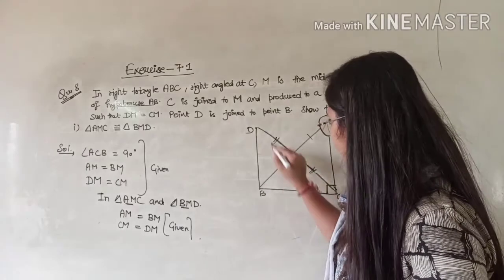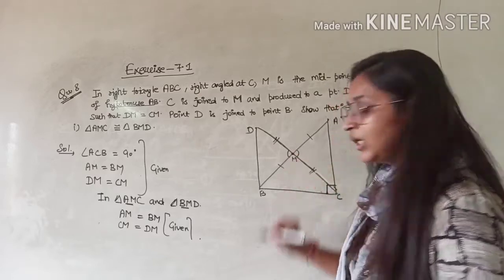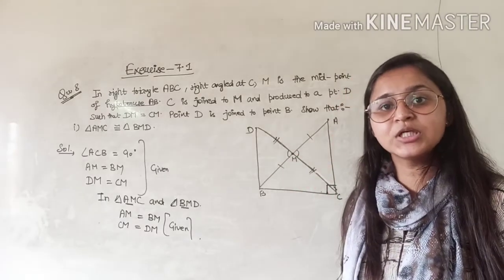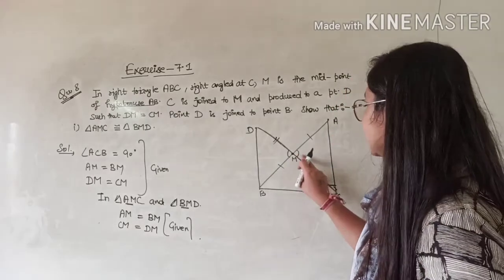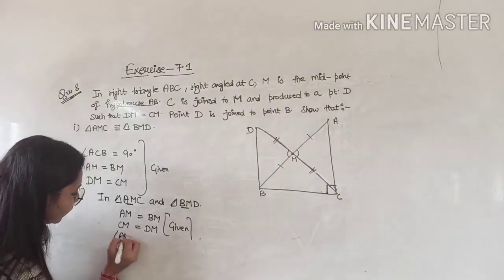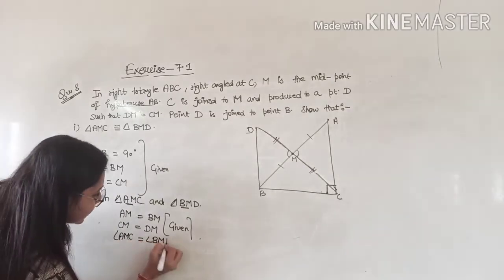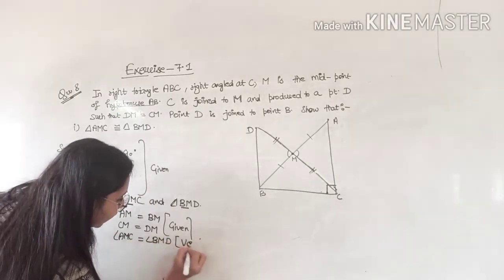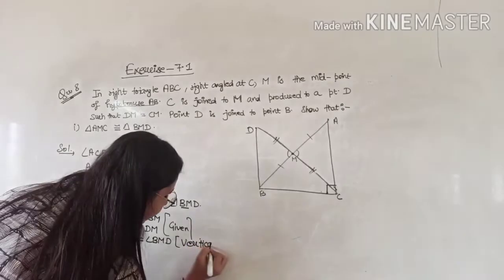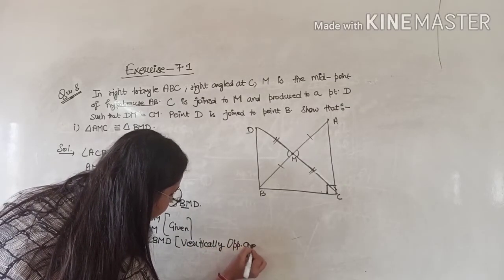So, if two lines are intersecting, then this pair of angles will be vertically opposite angles. I can write angle AMC will be equal to angle BMD, and reason will be vertically opposite angles.